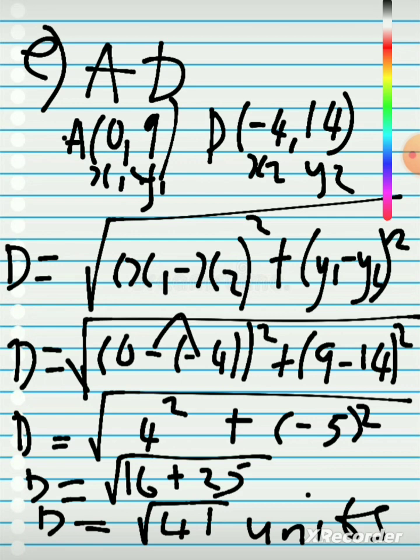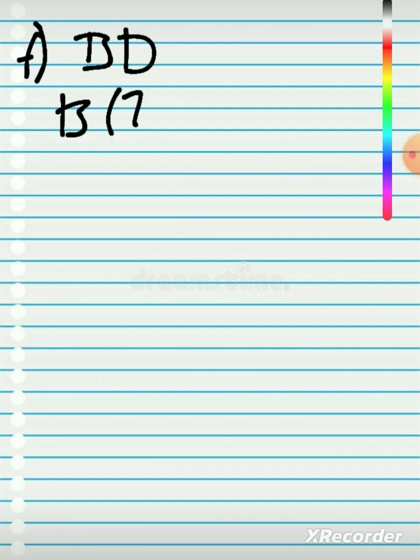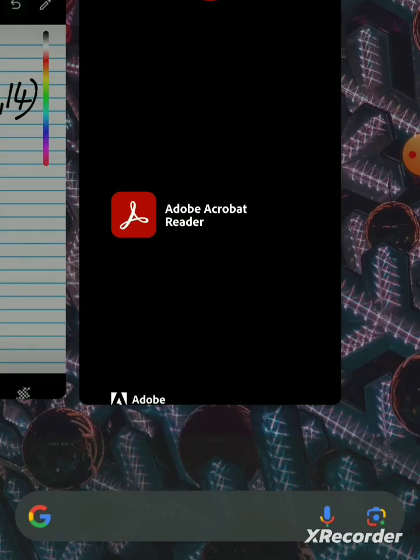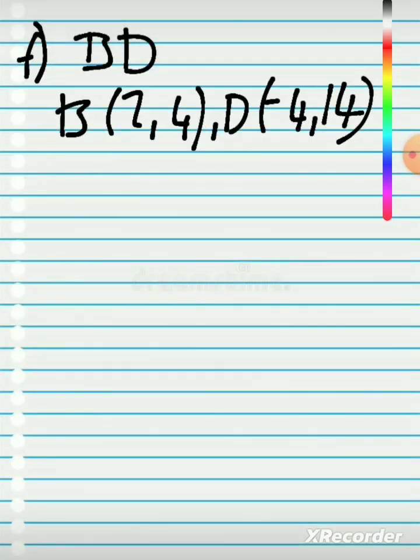We go to the last one, F. So F, we have BD. B is 2, 4, and D is negative 4, 14. Okay, so this is x1, y1, sorry for that, this is x2, y2.